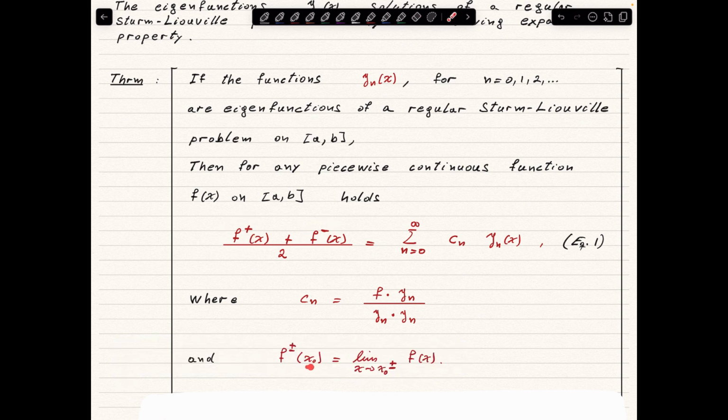So grab any point x, and then you take the side limit from the right or from the left. So this is the plus or this is the minus. Here is x0. The side limit from the left or from the right of the function f. Do the average of these two side limits, and this is what goes there.